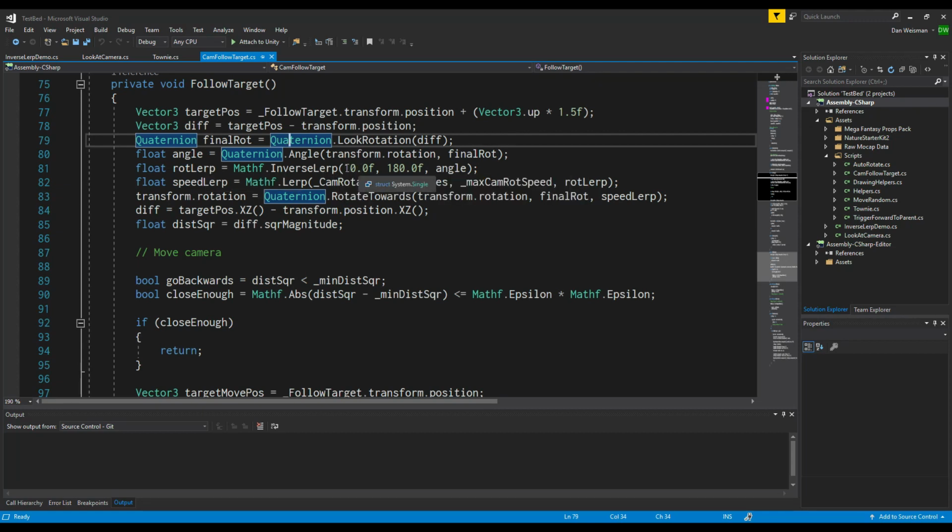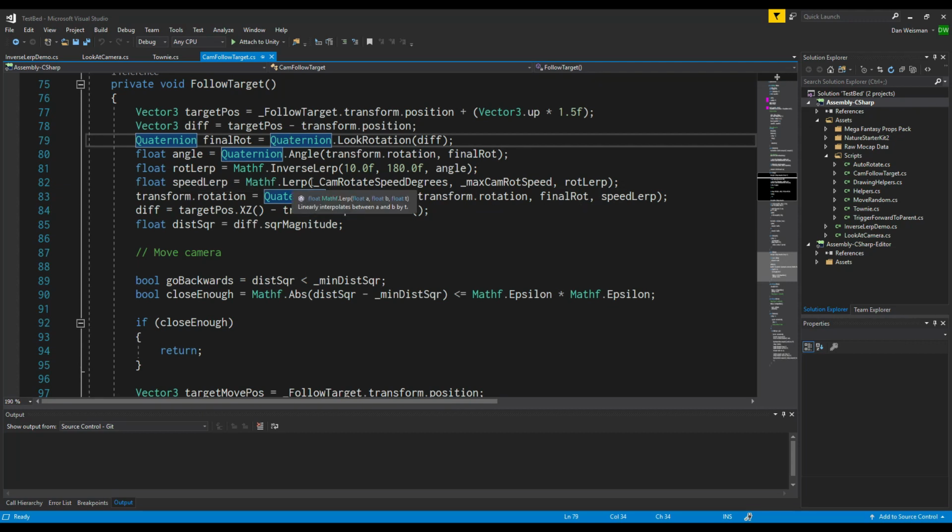So beyond, if it's 10 or less, it's 0. If it's 180 or more, it's 1. And everything in between. So if it's halfway between 10 and 180, which I guess would be 190 divided by 2, then that would be 0.5. Then this value would be 0.5. So that's the important thing to keep in mind.